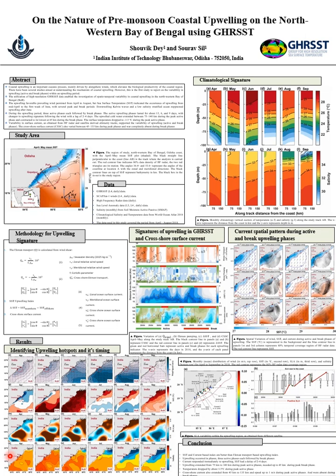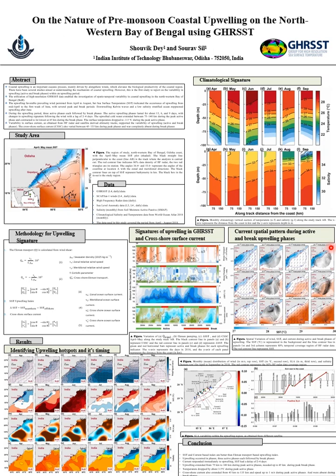We further investigated the upwelling signature in climatological salinity and temperature vertical sections along the line AB. Here, the x-axis represents the distance from the coast and the y-axis represents depth. The sharp gradient in temperature and salinity towards the coast during April and May represents upwelling.